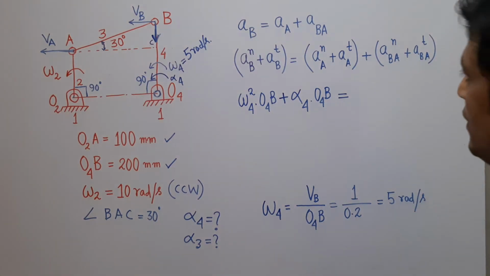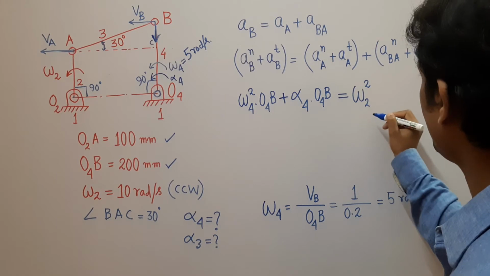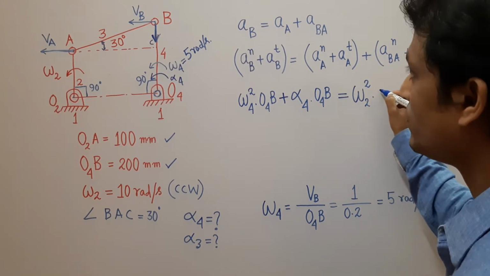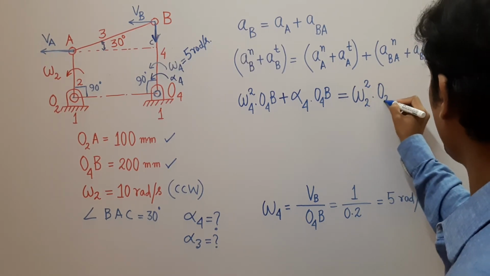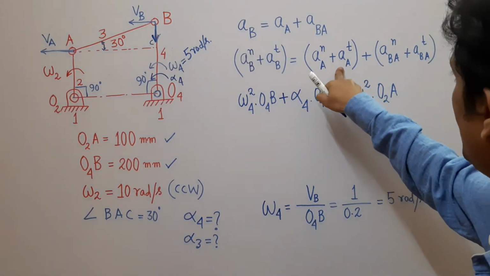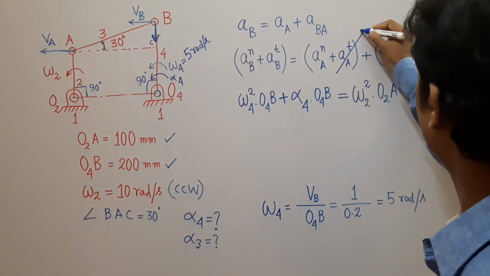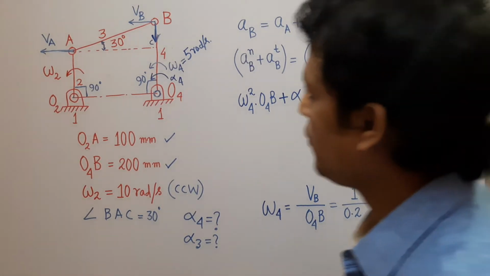What is AAN? Similarly, AAN is omega 2 square into O2A. And what about AAT? AAT is 0 as alpha 2 is 0.